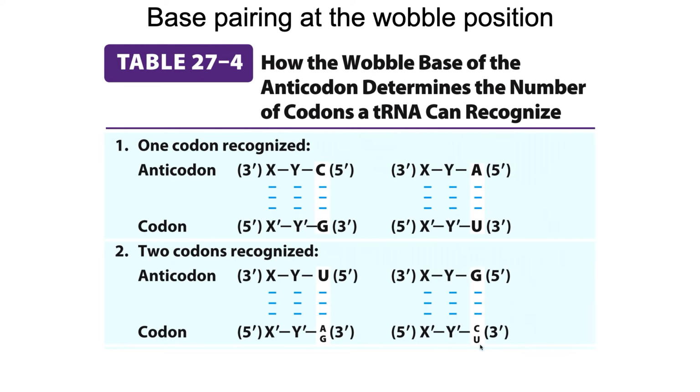And there you have it. There is a way in which 2 different codons encode the same amino acid.